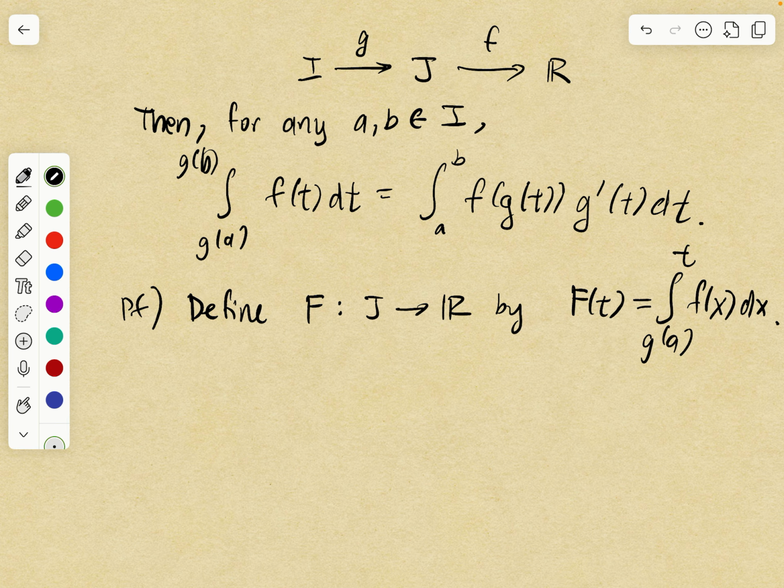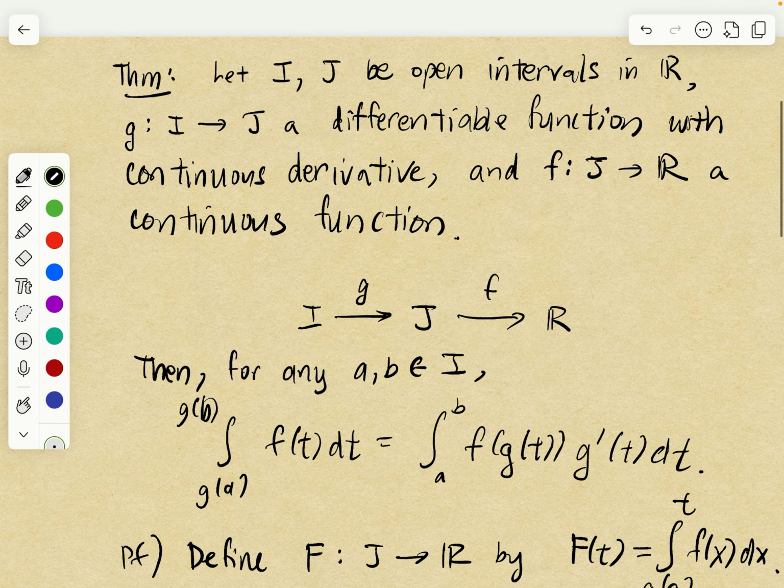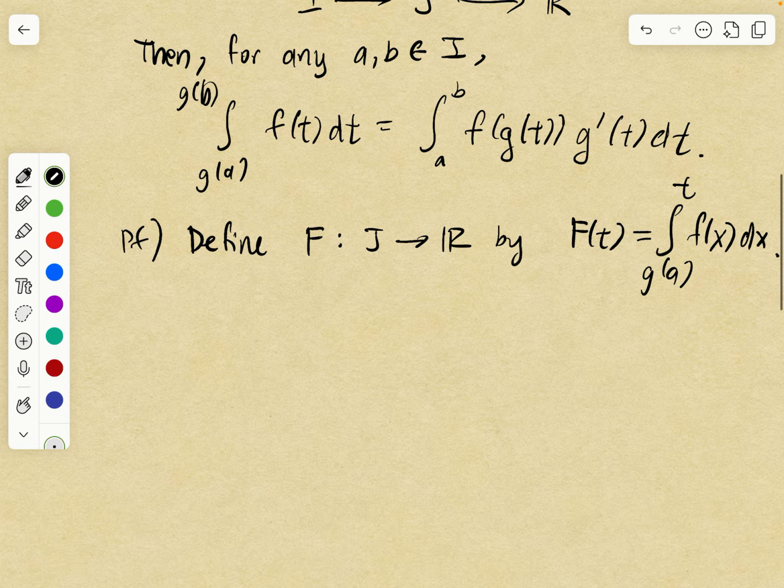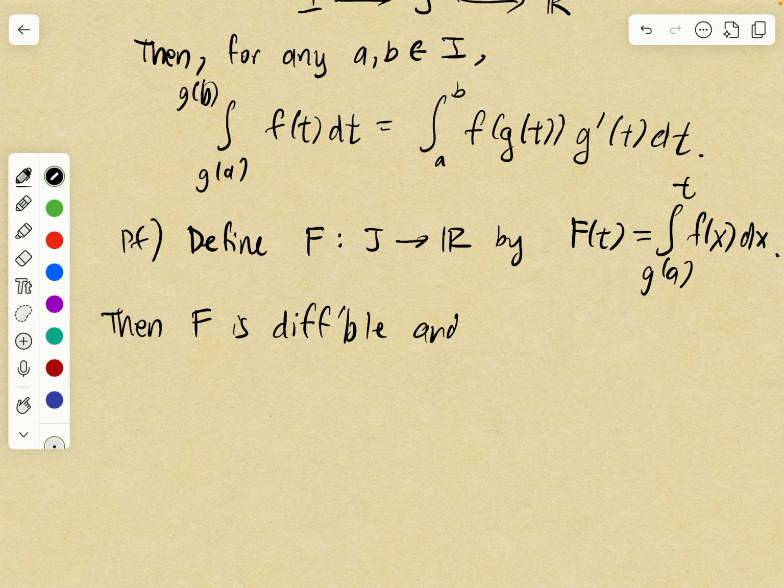Notice that the left-hand side of this equality that we're trying to show is just capital F of g of b. This function is differentiable because f was assumed to be continuous, so this integral exists, from g of a to t. So capital F is differentiable by the fundamental theorem of calculus, and F prime is little f.